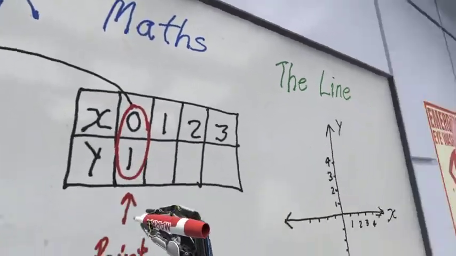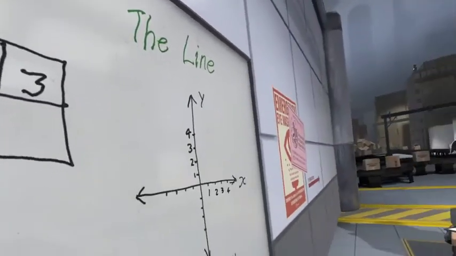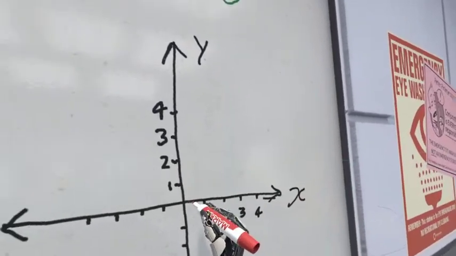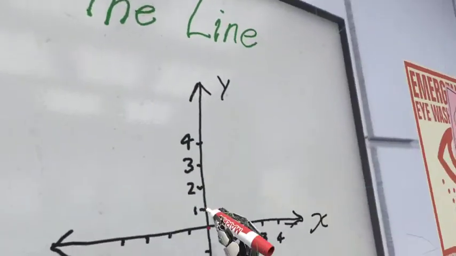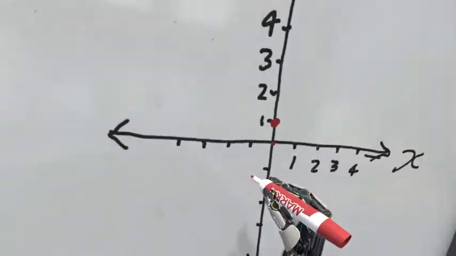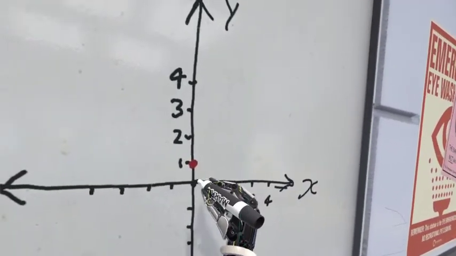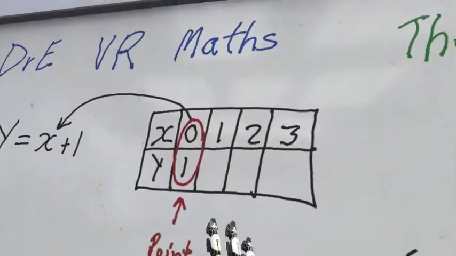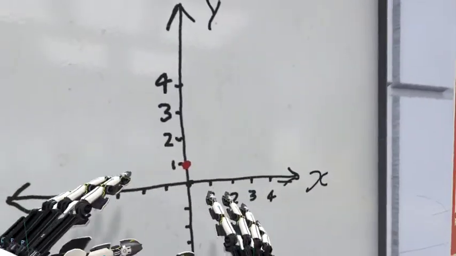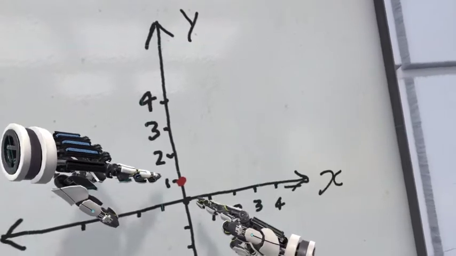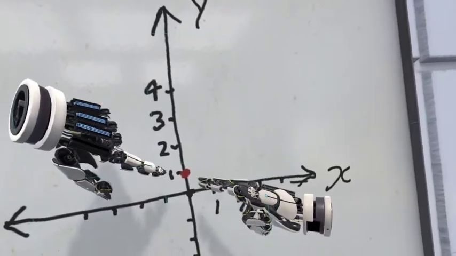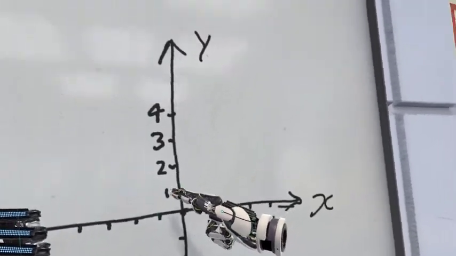And you can put 0, 1 on there. X is first, then Y. So X is 0, and Y is 1. So we want to put the point there, not there. So 0, 1. So we're going to start at 0 and 1 and go together, right? Start at 0, go up to 1 on Y.